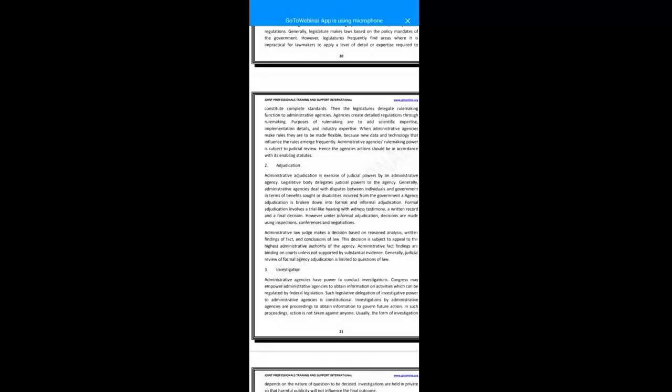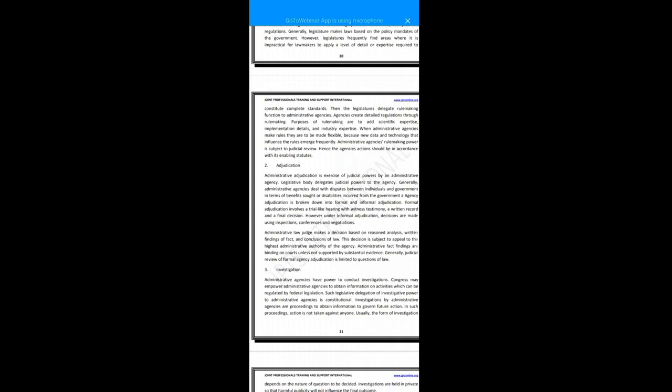The last one is the investigation power. Agencies have the power to conduct investigations, like the EFCC. Congress may empower administrative agencies to obtain information on activities which can be regulated by federal legislation. Usually the form of investigation depends on the nature of the question to be decided.